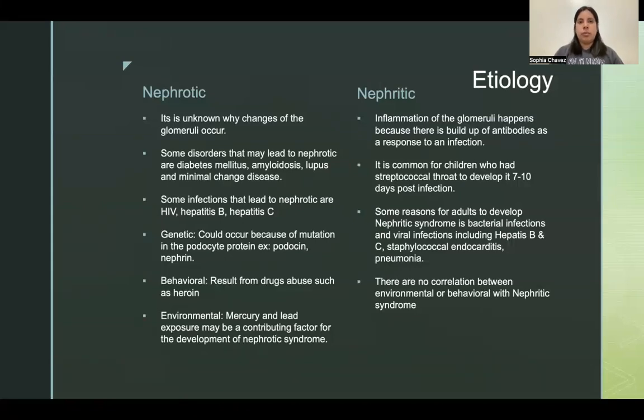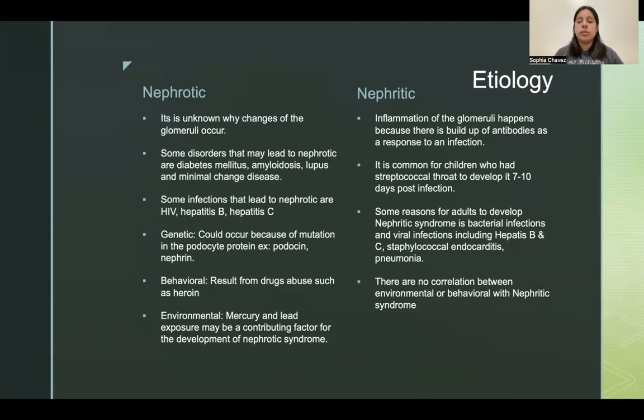So this is just like the body is building up antibodies to fight the infection, and some of these antibodies get congested in the glomeruli, and so then it inflames the glomeruli.